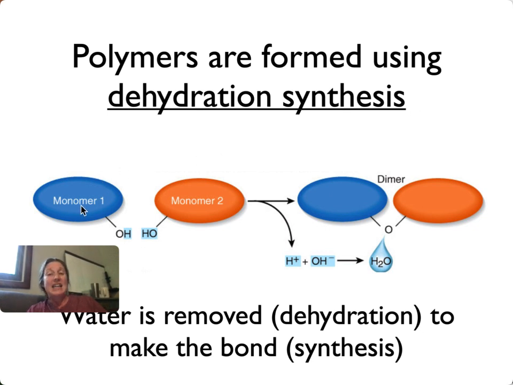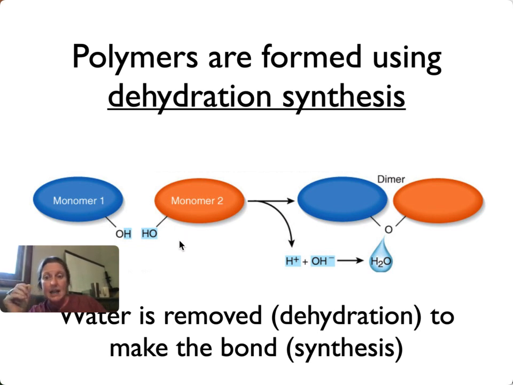Now, with any two monomers, it doesn't matter which ones, we always have these hydroxyl groups. And if you hold the two monomers together so that these hydroxyl groups are nearby, the enzyme that does this reaction, and remember they're substrate specific, so the enzyme that does this for monosaccharides is different from the one that does it for amino acids.